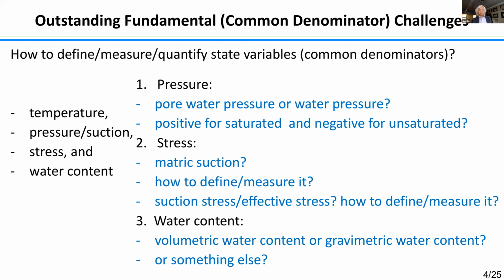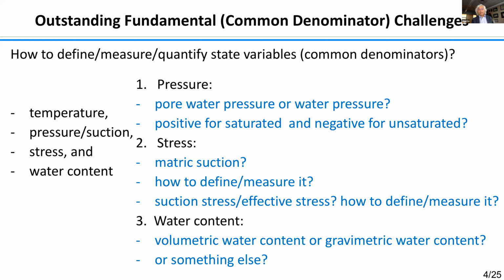Water content. Commonly we use volumetric water content or gravimetric water content. The volumetric water content, in fact, reflects the larger pores. As I mentioned earlier, if the water density varies within the pore, the water content concept using unit density, unit weight of density as one, may not be appropriate.